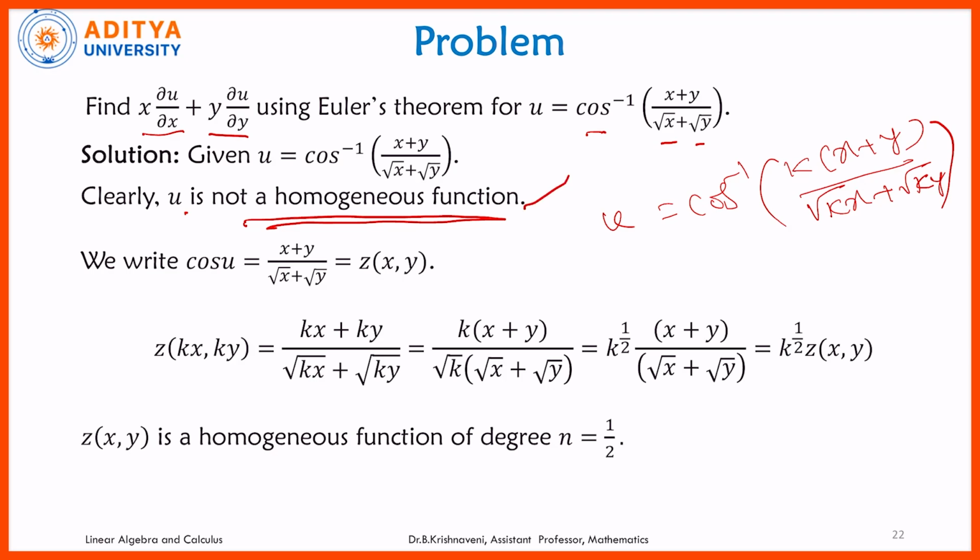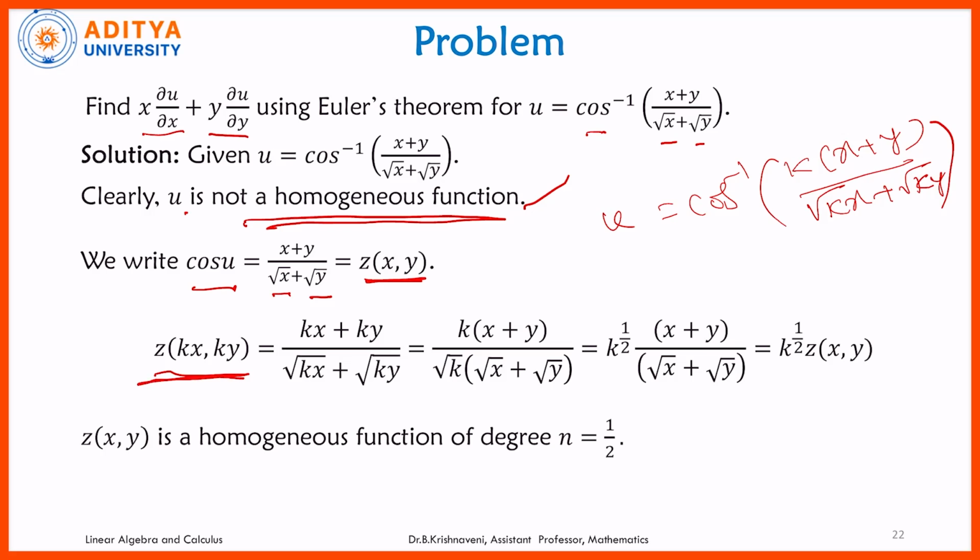So, now let us rewrite that as cos u equal to (x plus y) by (root x plus root y). Let us take the function to be z of x, y. Now, apply it on z, whether it is homogeneous or not.